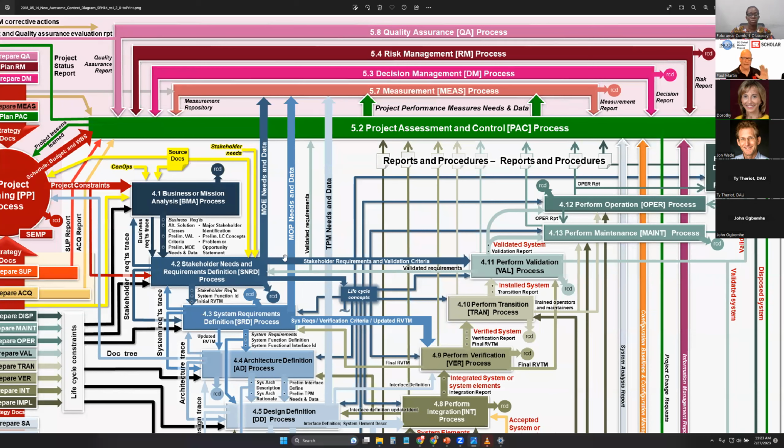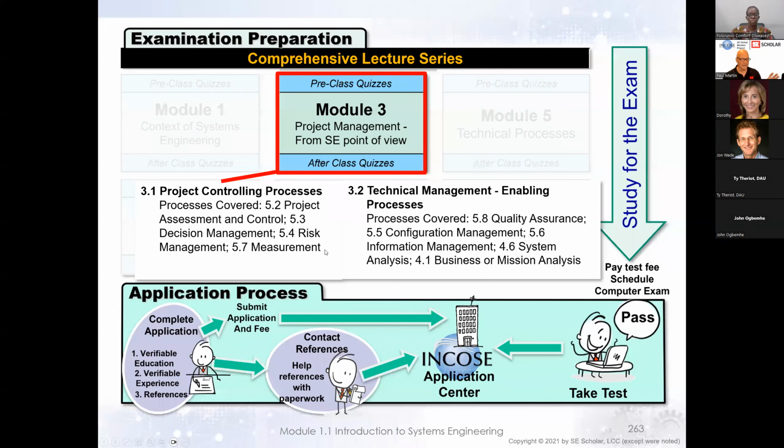So MOEs, MOPs, and TPMs all go into measurement. I take time out to discuss that when we get into measurement. Then the next half of module 3 covers quality assurance, CM, and then I get into system analysis.